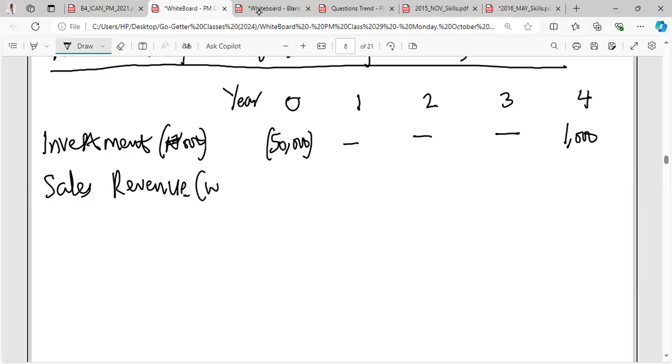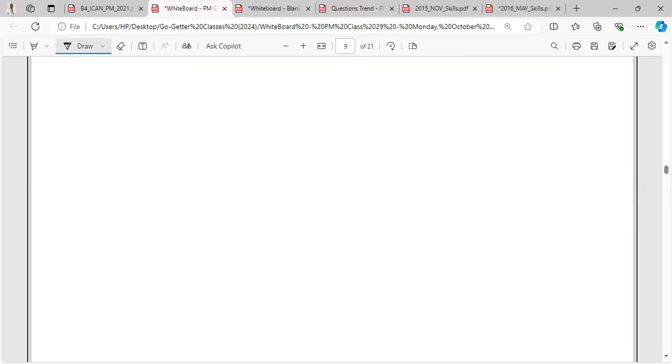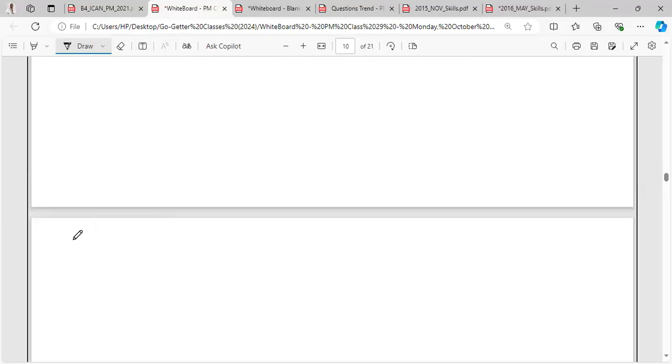So this is workings number 1. Of course, in year 0, there will be a dash. And I will go down here and do my workings. Let me take it to this page.